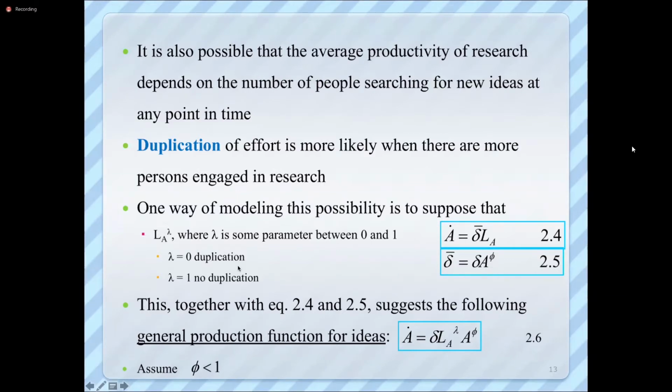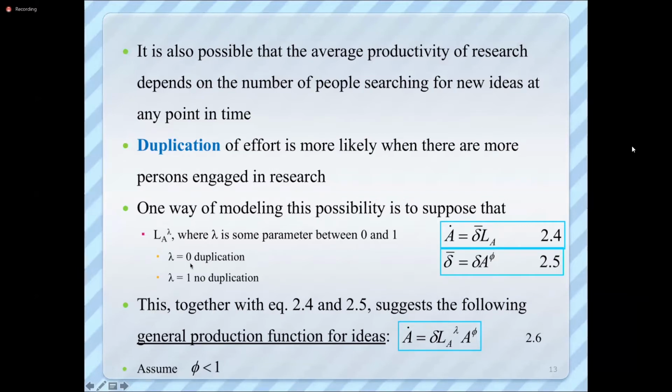Now we are going to bring in this element here: in 2.4, we replace LA with LA to the power of lambda.